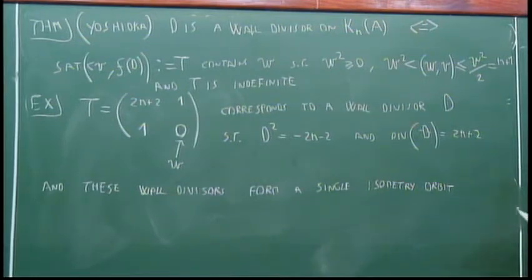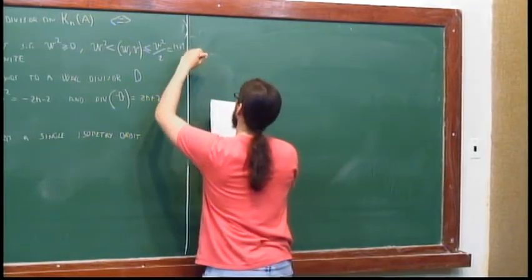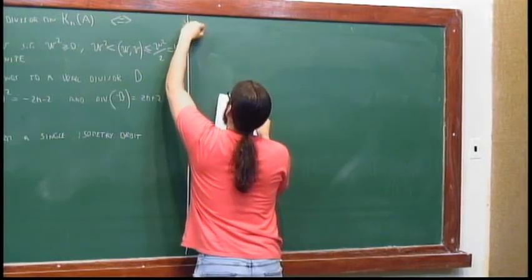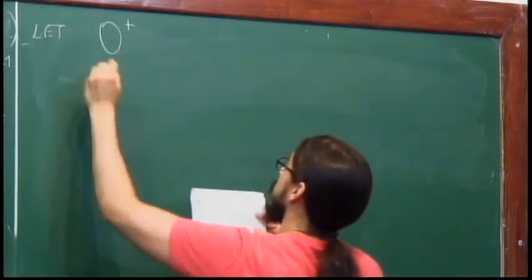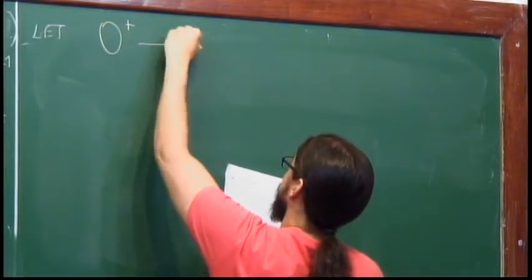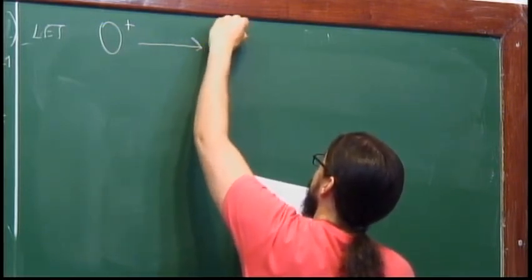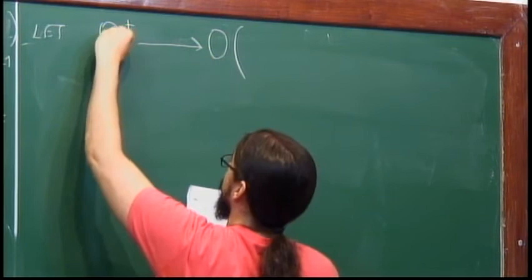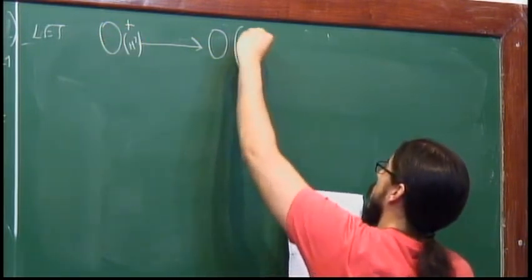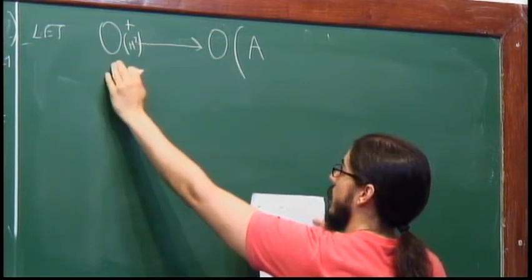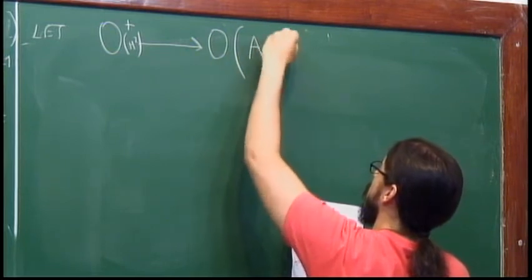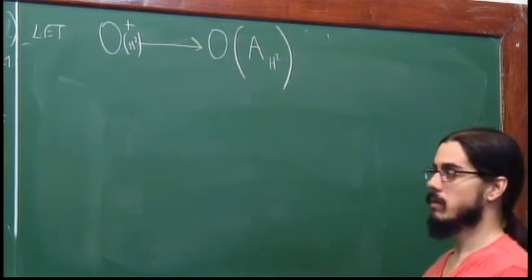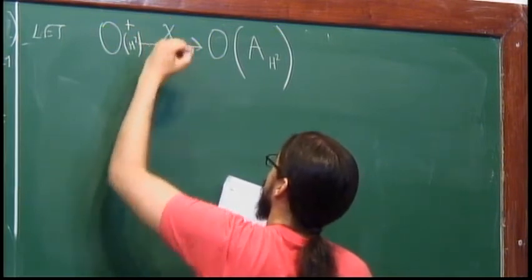So now I need the lower bound for the group. Let me consider two maps from the orientation-preserving isometries. The first one is a map which takes an isometry and gives me its induced action on the discriminant group of the H2, which I will call chi.